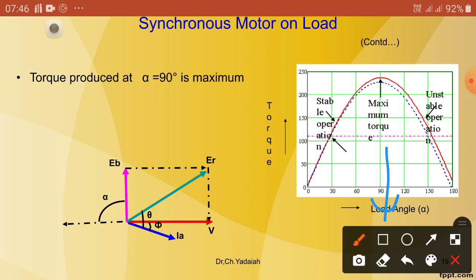As the load on the rotor goes on increasing, alpha also increases up to 90 degrees, and then it produces the maximum torque. Beyond that, if you add more load, the torque slowly reduces and reduces. At that condition, the torque developed in the motor becomes 0.